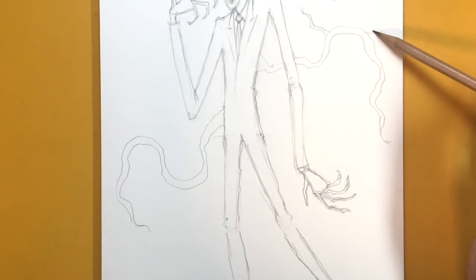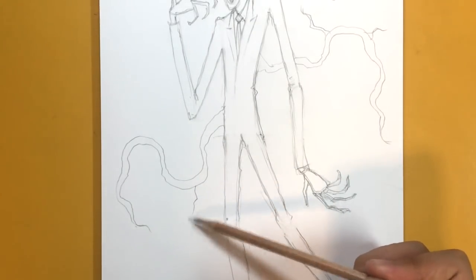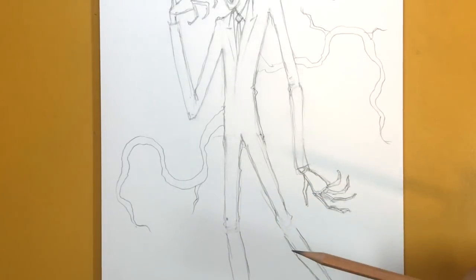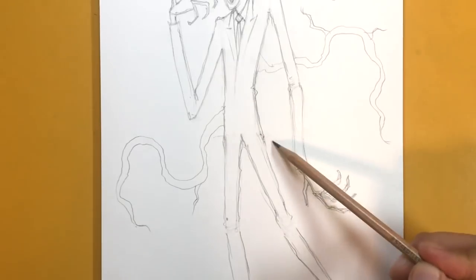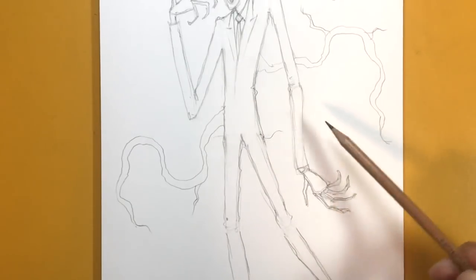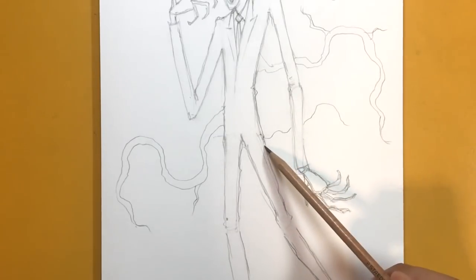So I'm going to draw those just in random spots, kind of like lightning almost. Okay, and then maybe I'll do one more right here. I won't draw this one as long.